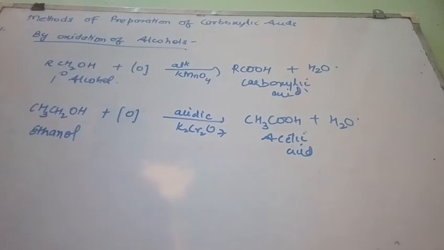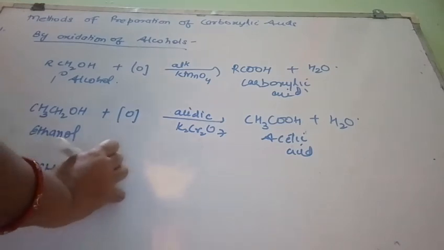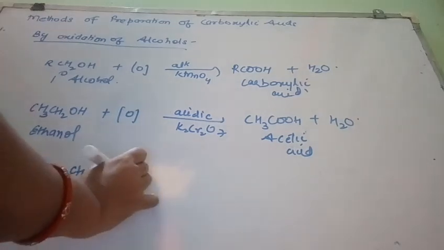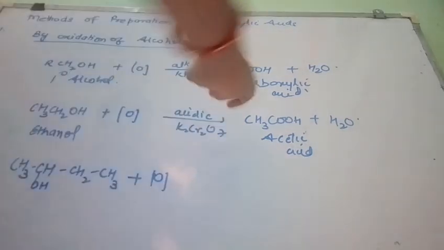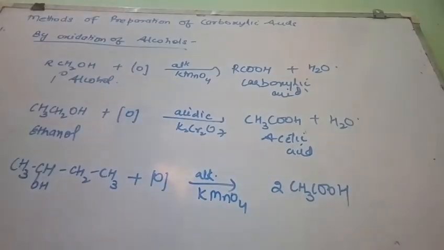So if a primary alcohol is oxidized, the acid will have the same number of carbon atoms, whereas if secondary and tertiary alcohols are there, the acid will have a lesser number of carbon atoms. Such as, suppose we have butanol and you oxidize it using a strong oxidizing agent, we will get 2 moles of ethanoic acid.